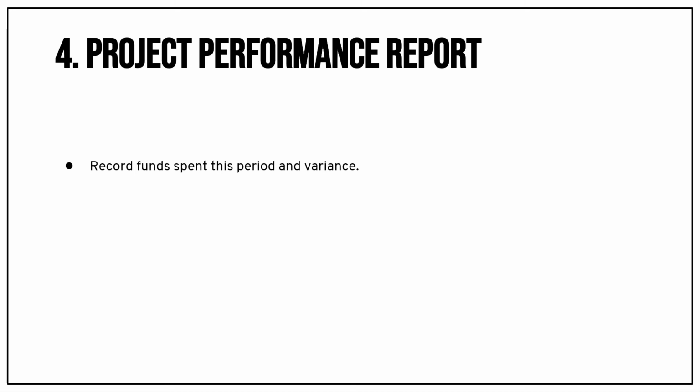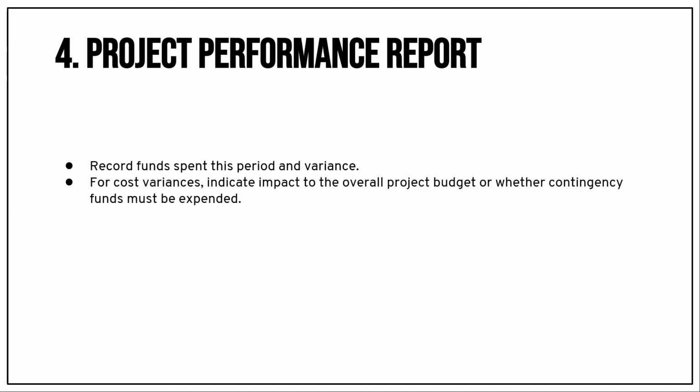Instead of this, due to technical complexity or being over committed to the customer, we are adding one more developer to the team. That will reduce the profit of the project actually. So those kind of information we need to mention in the project performance report.